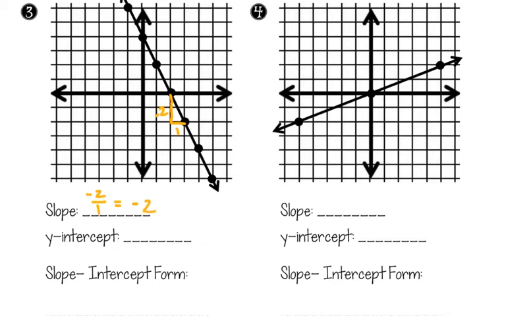The y-intercept, I need to follow the y-axis until I find that point. So 1, 2, 3, 4. So I'm going to have y equals -2x plus 4.